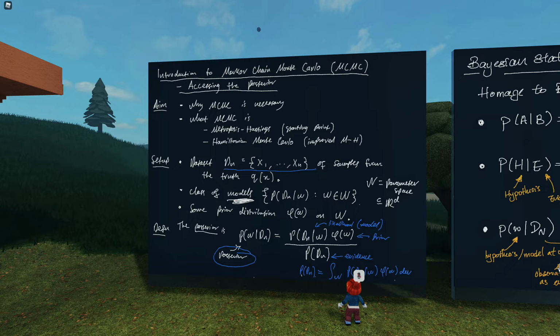So, as I said before, the posterior is essentially the fundamental object of all of Bayesian statistics. And you can also think of it as an adjusted belief. It is how we adjust our prior beliefs based on the data that we have observed.